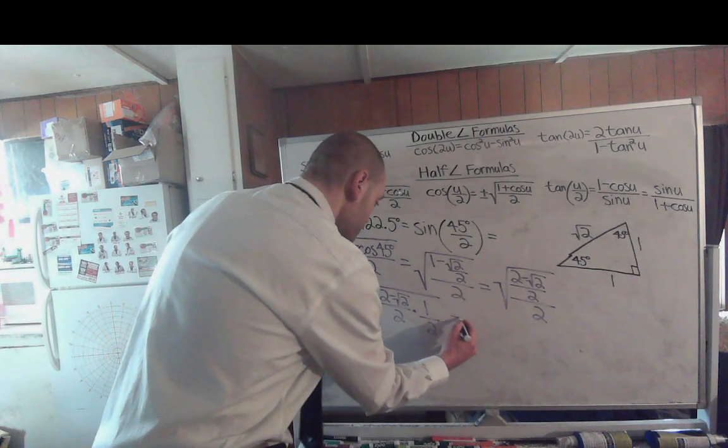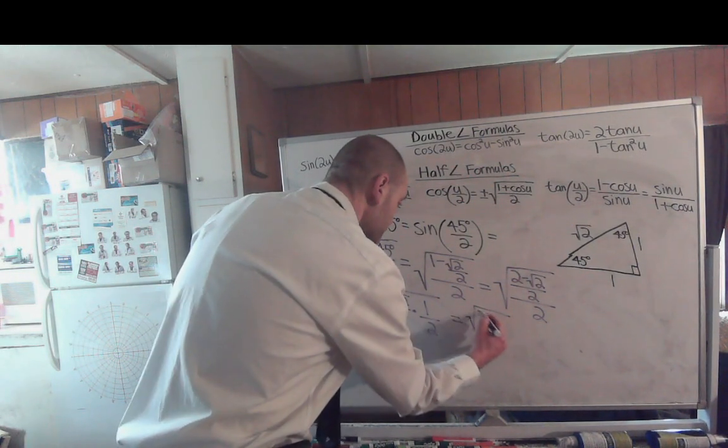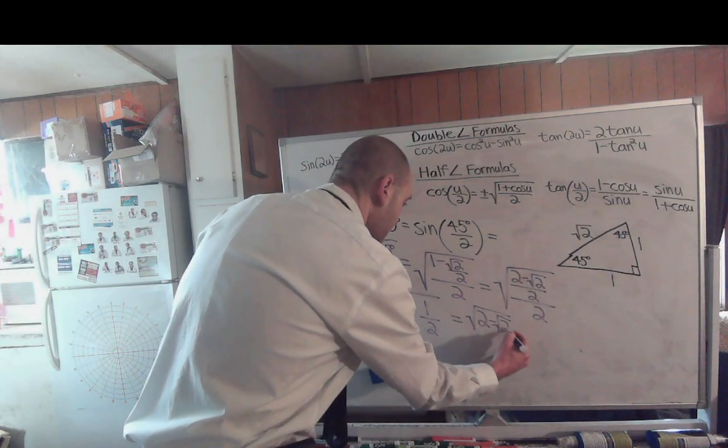So really what you should get is the square root of 2 minus the square root of 2 all over 2.